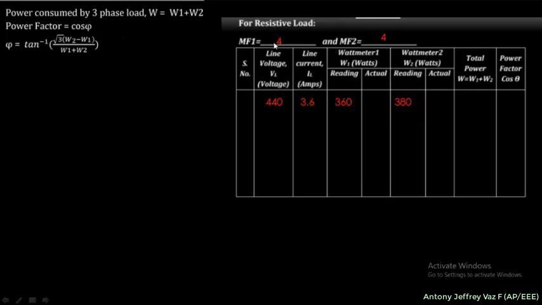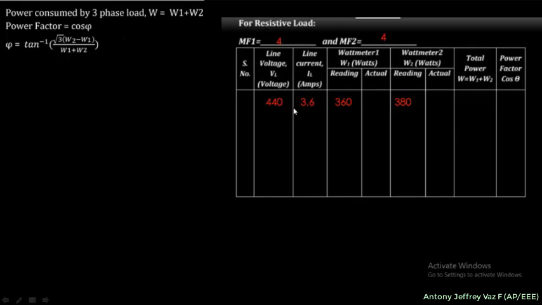This multiplication factor is shown physically as a label on the back side of the wattmeter. As per the connection, you can find the multiplication factor and enter it in the tabular column. For our wattmeter, it is 4.